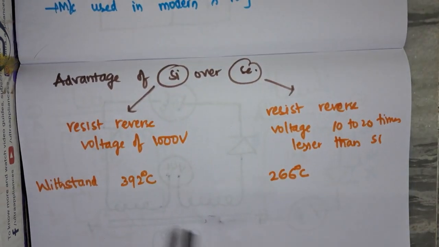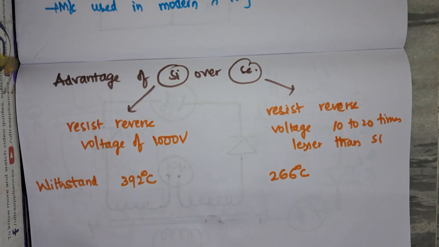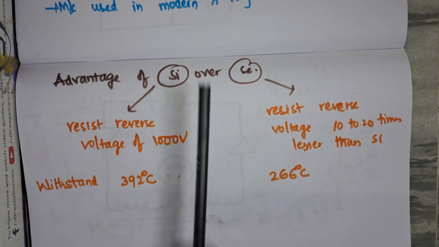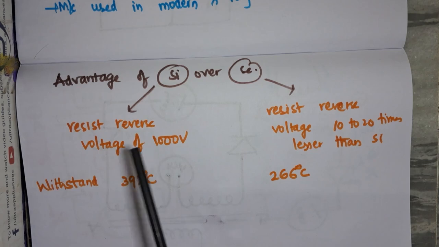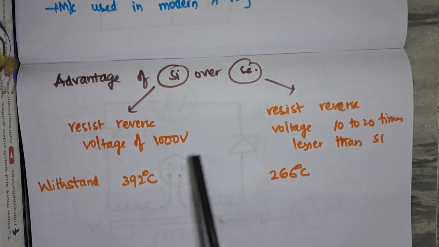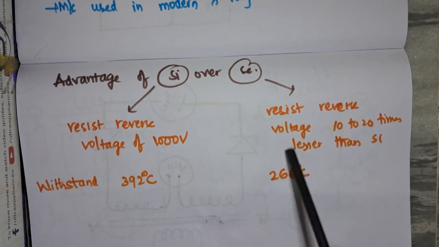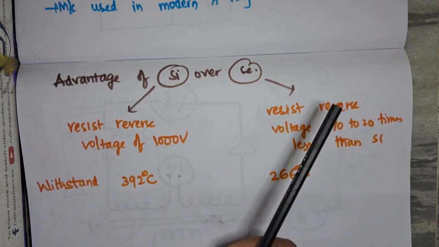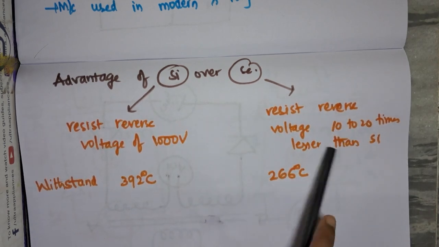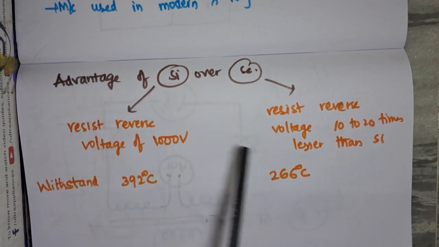This is important. As we said in the last class, selenium was the first material used as a semiconductor, but now silicon rectifiers are most commonly used. Why? Because silicon can resist a reverse voltage of 1000 volts, whereas selenium can resist only 50 to 100 volts.